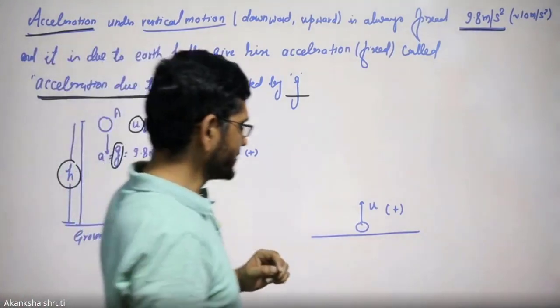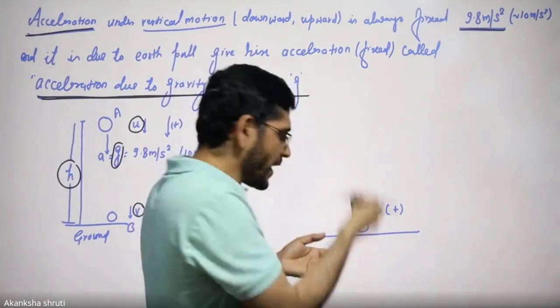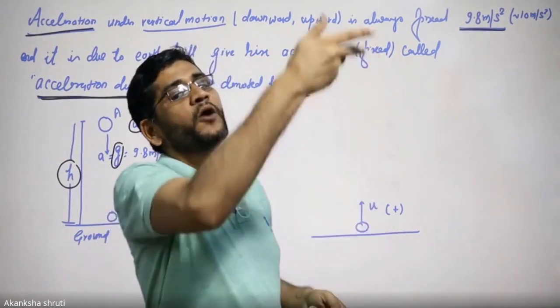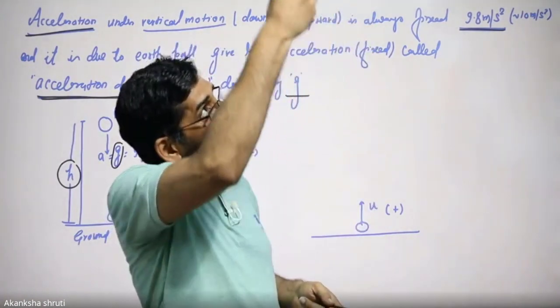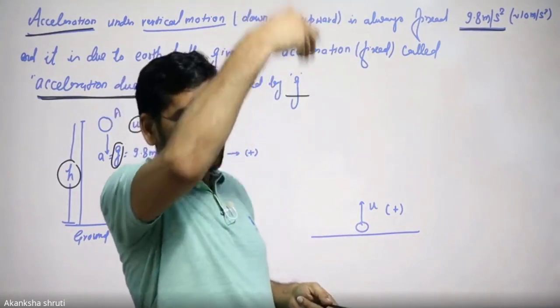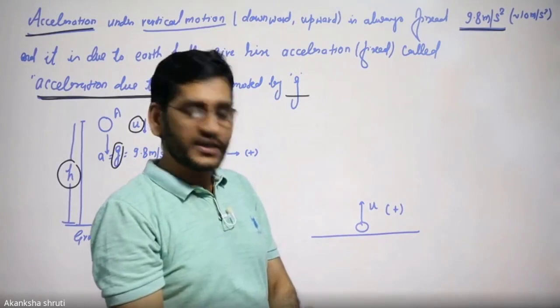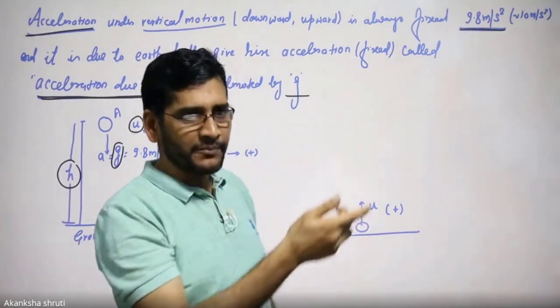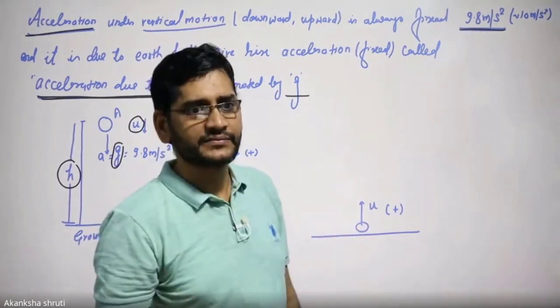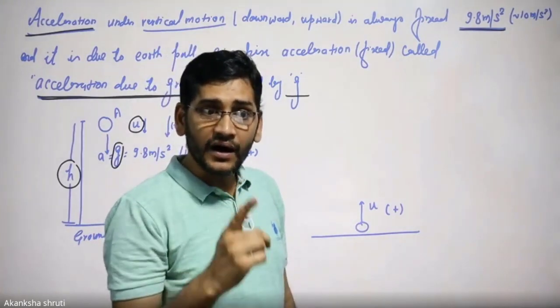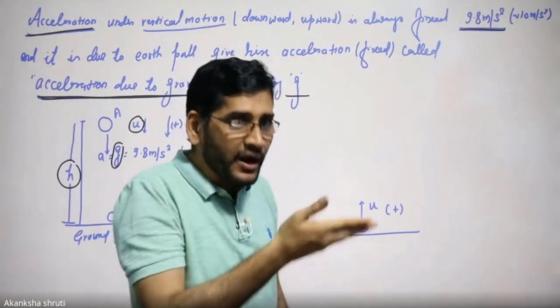Now, observe carefully. If you just throw a ball upward, it will start rising, then it will return back. How and why? While it is thrown upward, how long will it rise? It will rise only if it has upward speed.